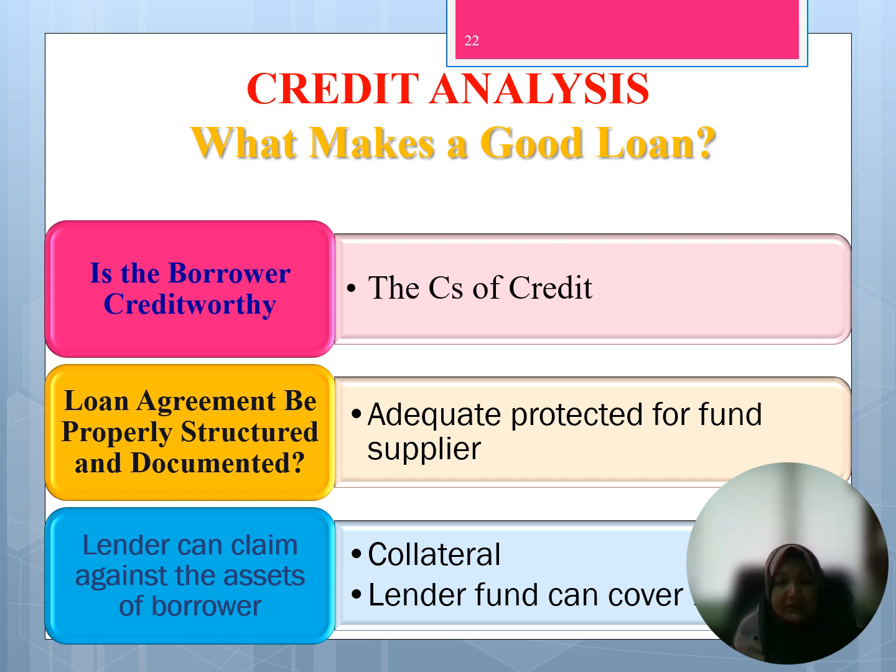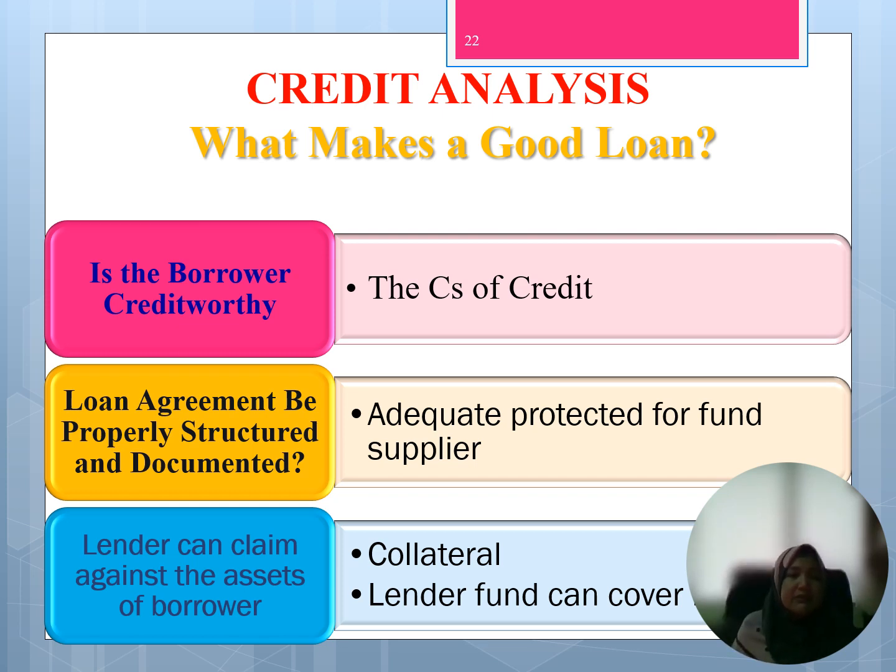They will check whether the loan is a good loan if they lend to the borrower. To ensure the loans are good loans, they need to ensure the creditworthiness of the borrower, whether the borrower has a good credit rating or not. So it requires the 6 Cs. And then whether there is enough protection of funds to the depositor, meaning enough protection of the depositor's money, because the bank lends the loans using depositors' money.